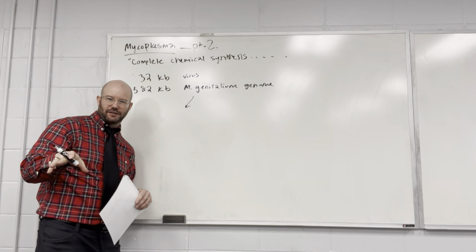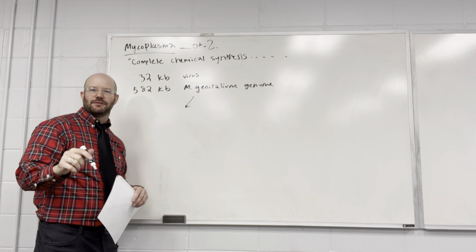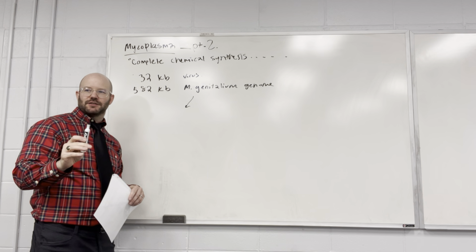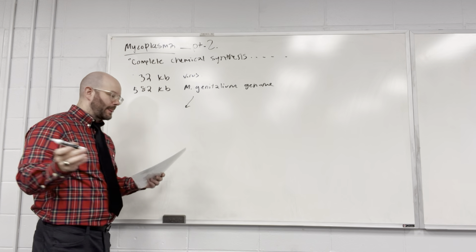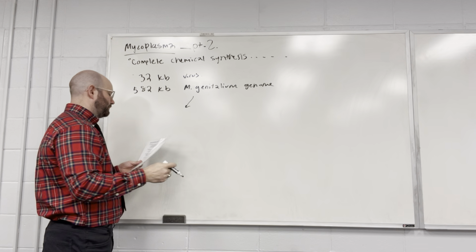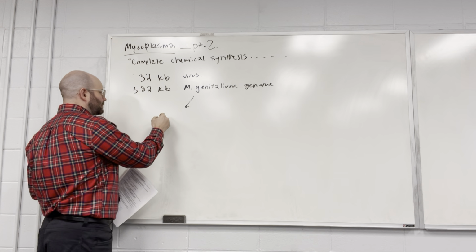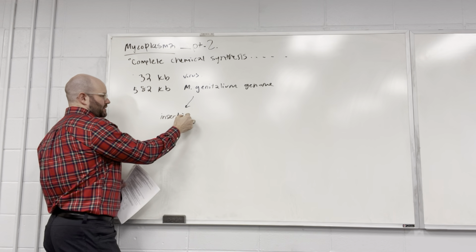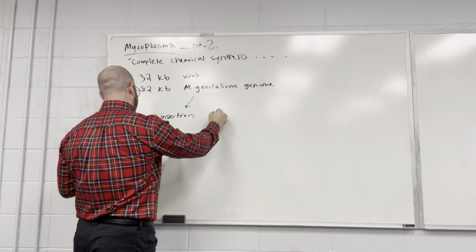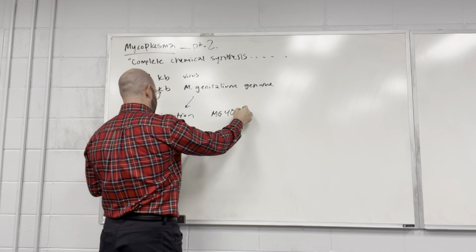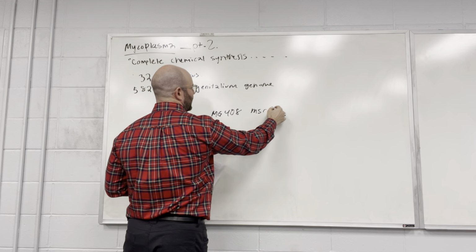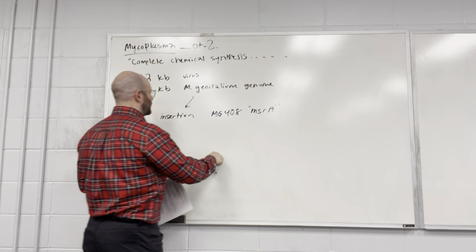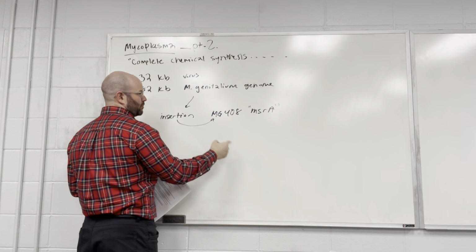If you don't know exactly what they did, in theory, what could you do? They added a watermark that added aminoglycoside resistance. So they added an insertion into the gene MG408, which is MSRA. That's the name of the gene. And this insertion broke the gene.